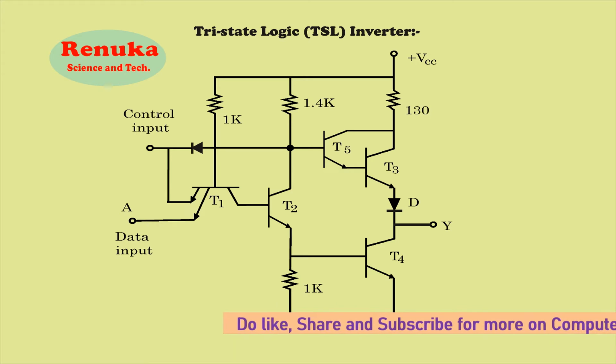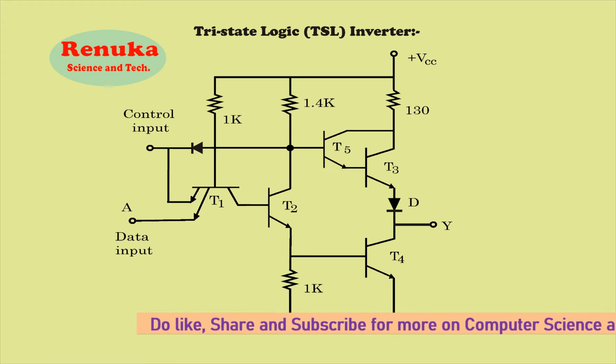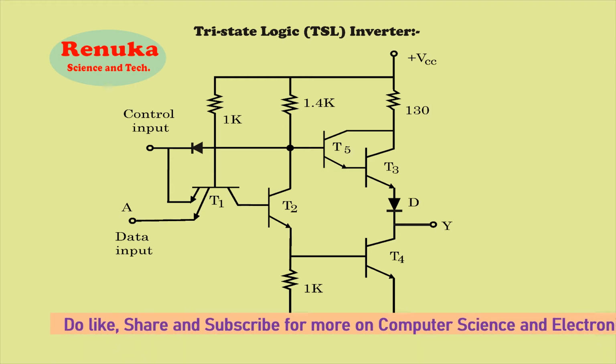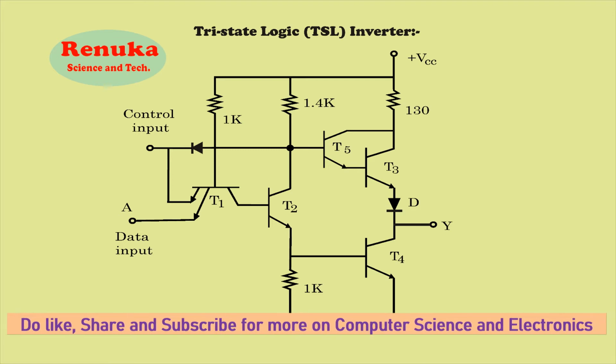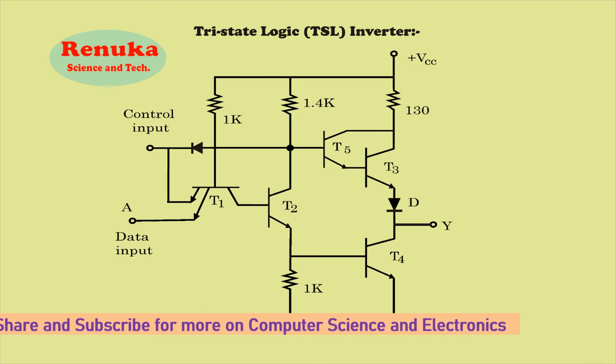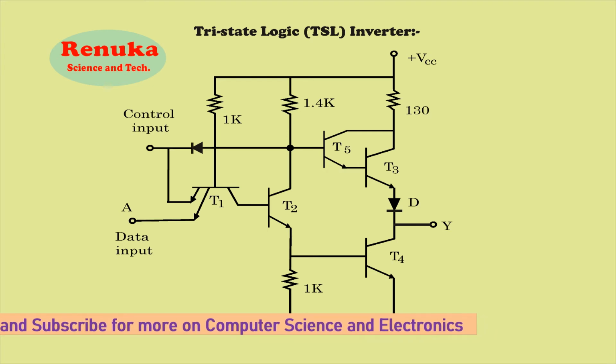So these are the three components that are changed here: the diode, then transistor T1's emitter, and the additional transistor T5. If it is designed like this, then this transistor circuit will work like a transistor tri-state logic.